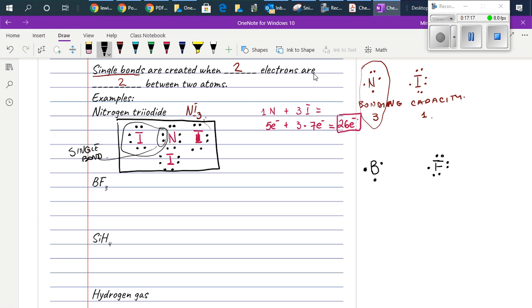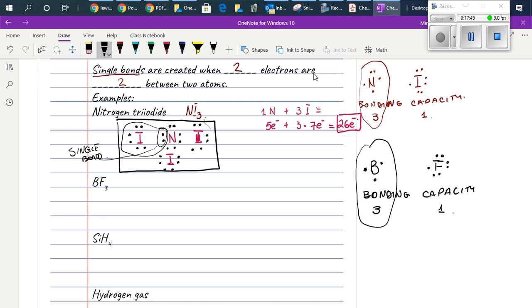Now the bonding capacity for boron is 3, and the bonding capacity for fluorine is 1. Therefore, boron is the central atom. However, keep in mind that boron is satisfied with 6 electrons in the outer shell.